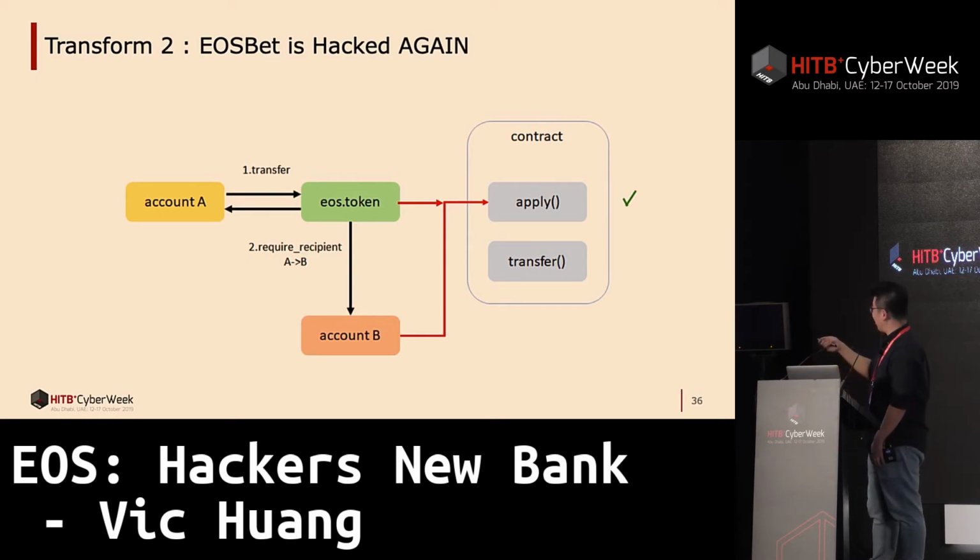The attacker has two EOS accounts. So he can transfer from A to B and get the required recipients, but he sends the required recipients to the victim contract.